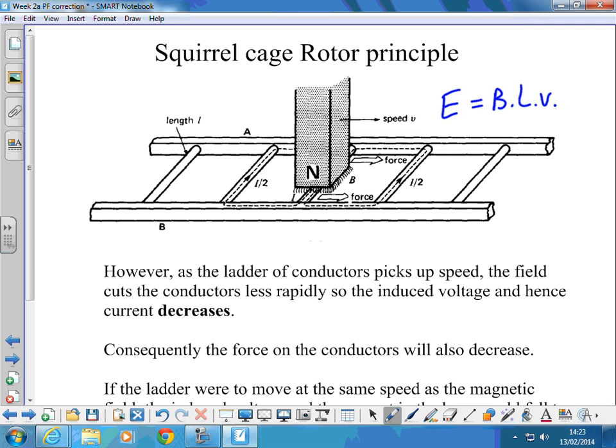It's the relative speed between the two, because to generate a voltage, that conductor has got to be experiencing a change in field. So if they're both moving at the same speed, the magnet wouldn't be cutting across the conductor. So the induced voltage would decrease as the ladder picked up speed.